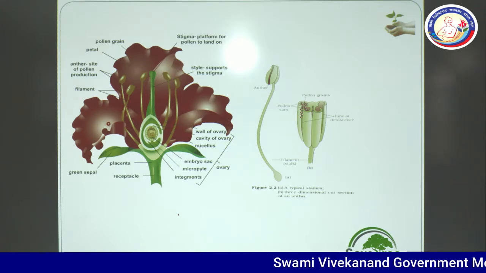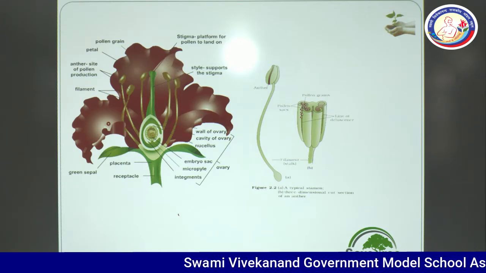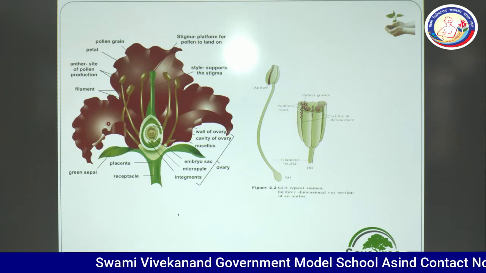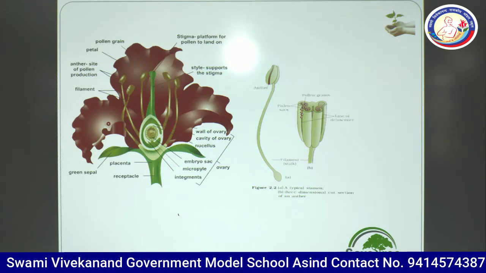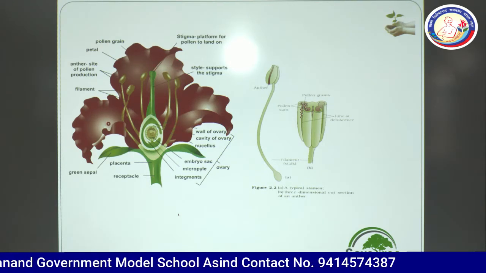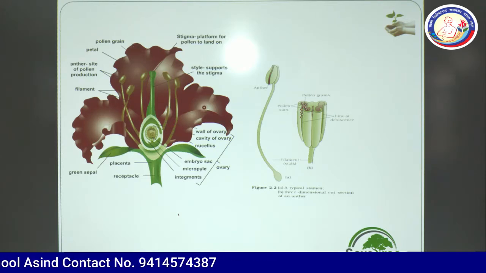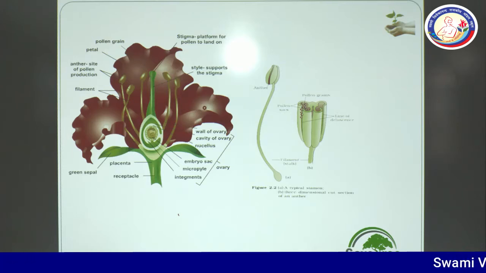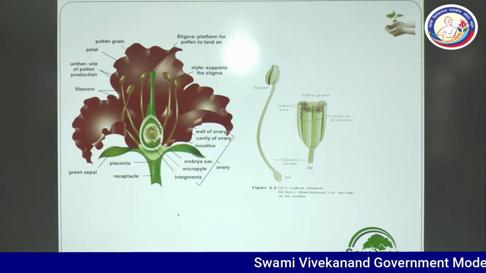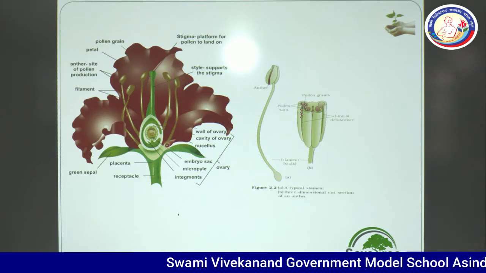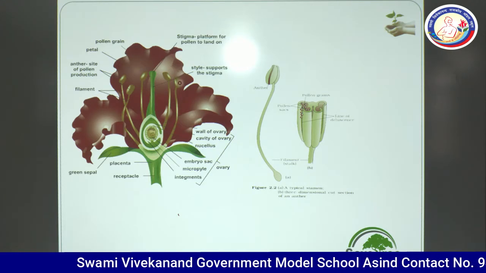The corolla is colorful: red, green, yellow, purple, black, white. It depends on the type of species. And the corolla attracts insects for pollination, and it helps in fertilization.